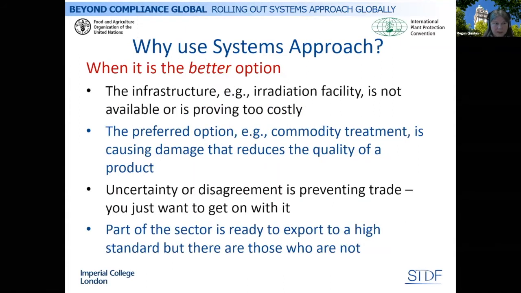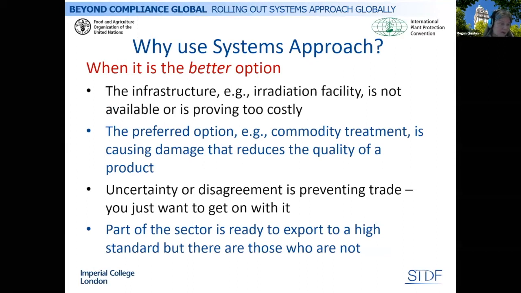You could also use systems approach if it's a better option. So let's say that your country wants to do something, but you don't have the infrastructure. Maybe irradiation is an option, but you don't have it. Maybe you are using a treatment, but it's causing a quality problem.